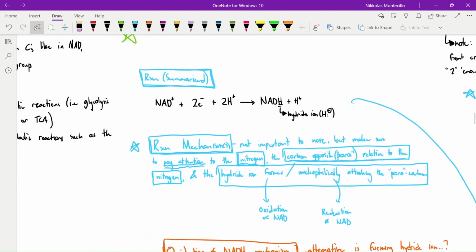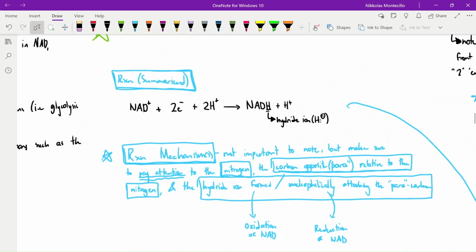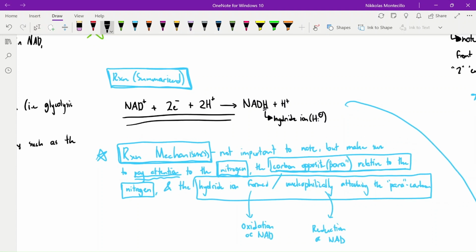I want to go through the reaction mechanism of how this entire thing works.